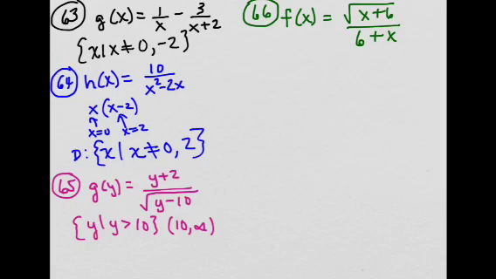Okay, for number 66, we have two things that we have to watch for. First off, we have an x in the denominator, and then in the numerator, we have this radical, square root. So I need to make sure that the denominator does not equal 0, and at the same time, make sure that this x plus 6 is greater than or equal to 0.